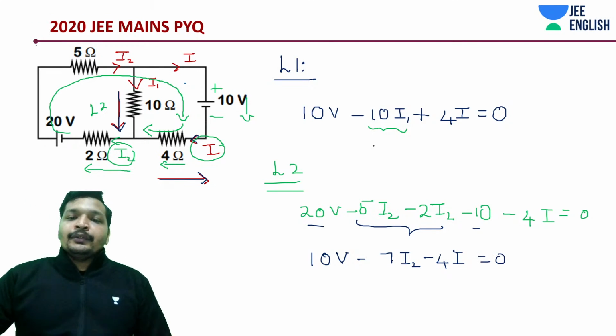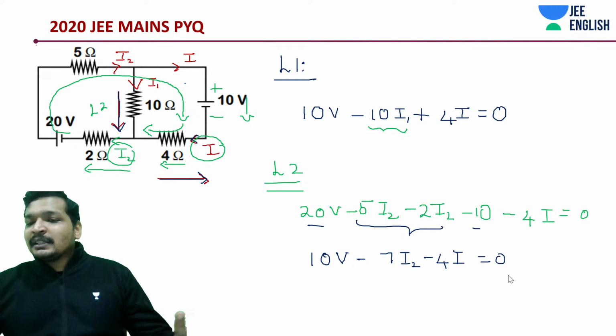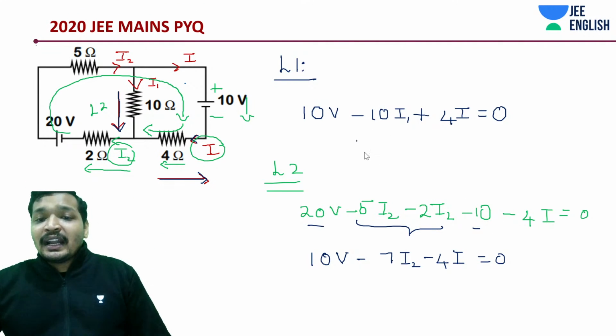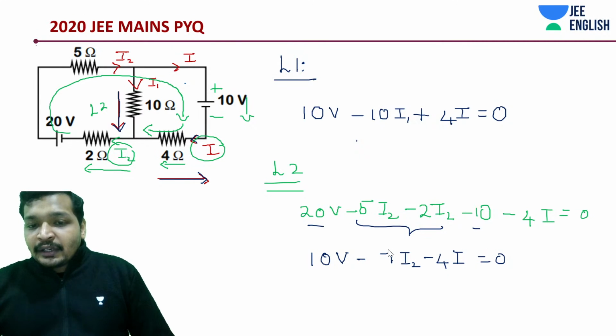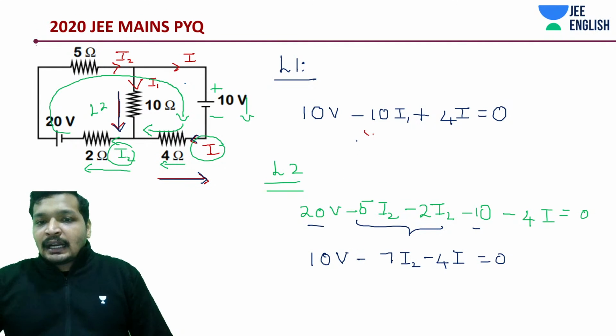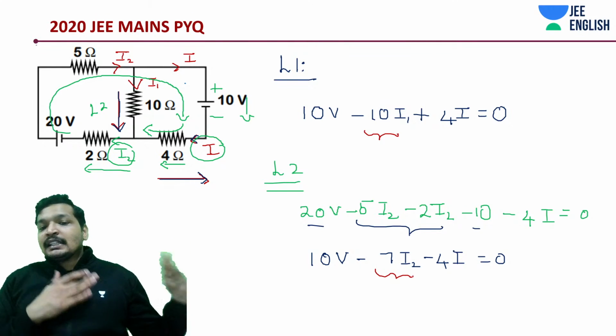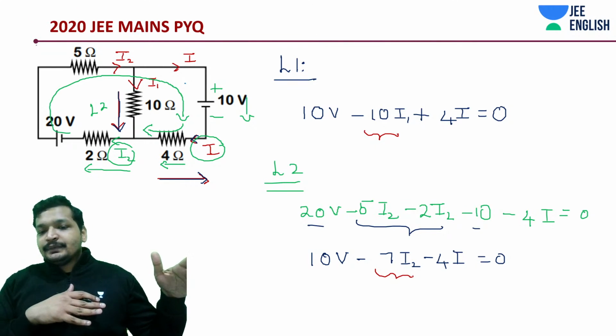What am I going to do? I've seen this equation. This is like an algebra equation. You have another equation. What you're trying to do over here is basically either convert this into I2 or convert this into I1 from KCL. That's why first write down KCL.